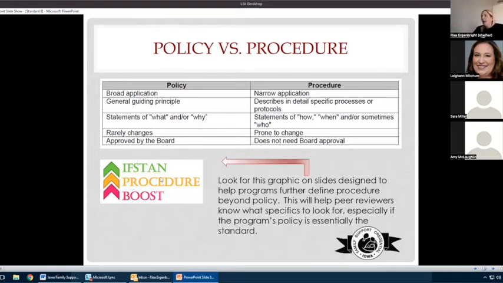I think programs have done a lot of work over the last several years on policy. And so procedure is that piece that maybe historically has been answered in panel interviews, but now we want to move into getting it on paper, documenting it, and including that as part of your policy and procedure of what your program does to meet that standard and how it's done.